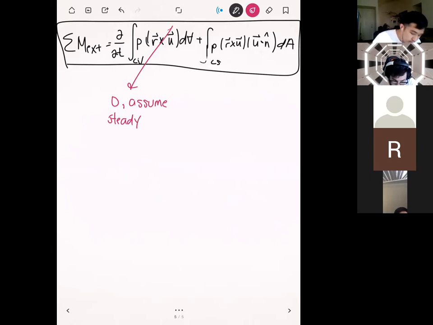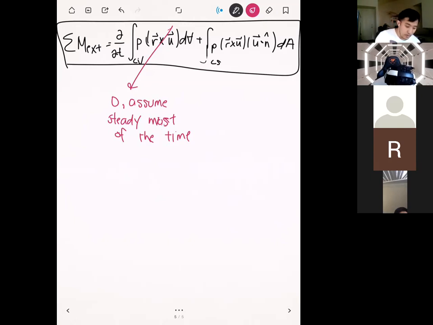And so we're going to assume steady most of the time. And by most of the time, I mean all the time. Okay. And so we're basically just left with the sum of all the external moments is equal to the inlet and outlet, or the inflow and outflow of angular momentum into the system.